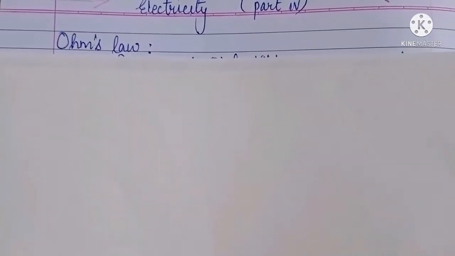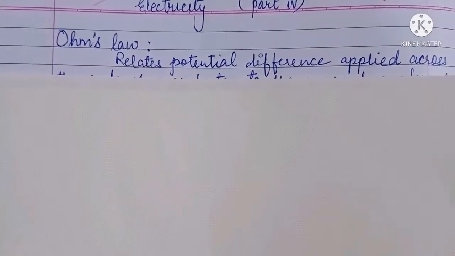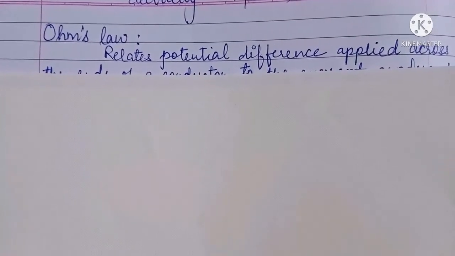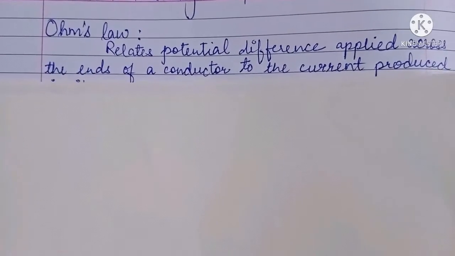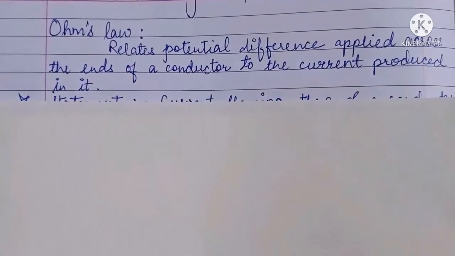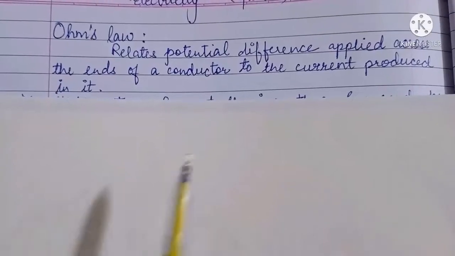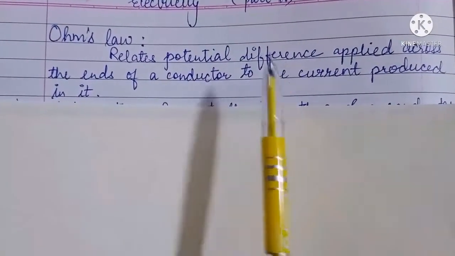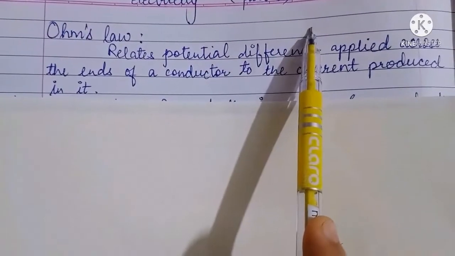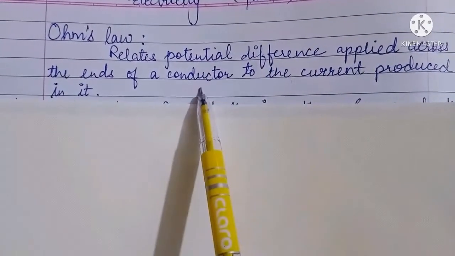When we talk about Ohm's law, it relates the potential difference applied across the ends of a conductor to the current produced in it. If you have some wire, that is the conductor here.